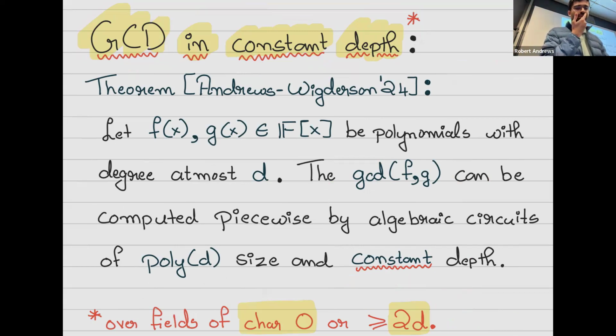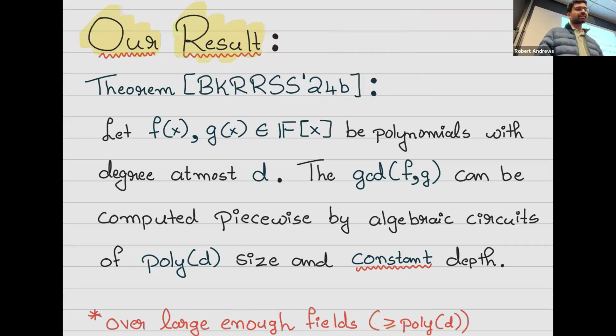They have this restriction because a crucial component of their idea is the use of Newton identities. And that does not hold over small characteristics. I'll talk about it a bit more later, but now let me state our result. The result is exactly the same, just that there is no dependence on the characteristic. So it works over all characteristics as long as the field is large enough.